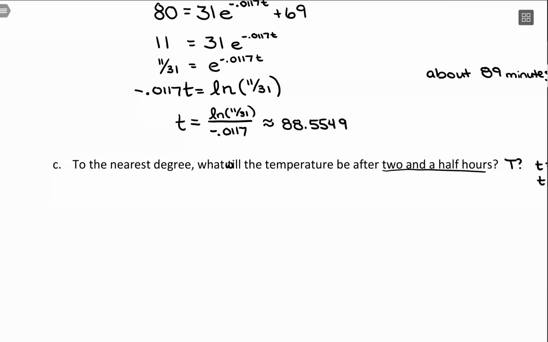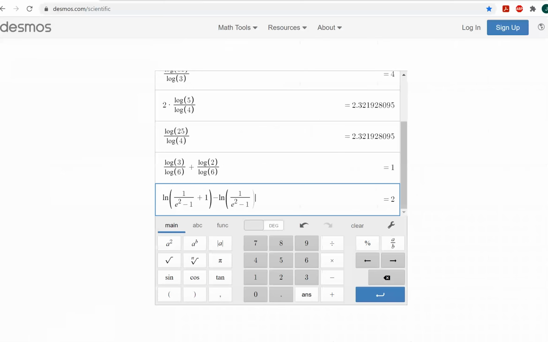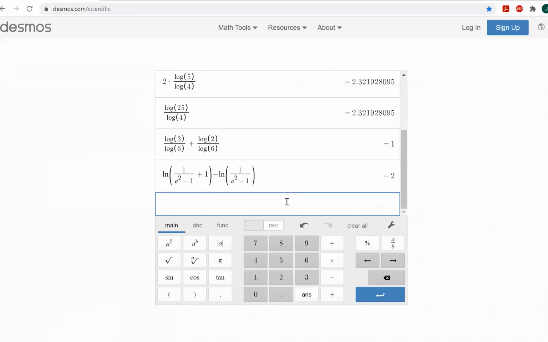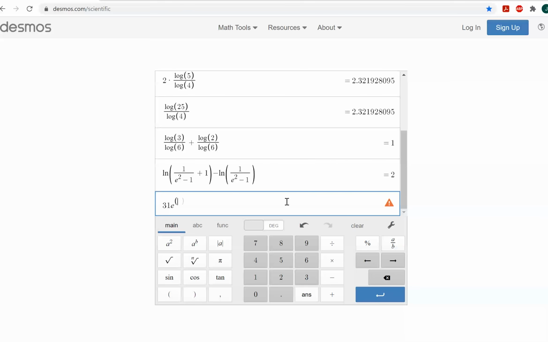So with that, for our function, we're solving for T, but plugging in a time of 150. So we'll have 31 e to the negative 0.0117 times 150 plus 69. And we plug that into the calculator. And let me go ahead and show you this one since we have some pieces going on. So in Desmos, we will have 31 e raised to the power, I'm going to use some parentheses here, so negative 0.0117 times 150.